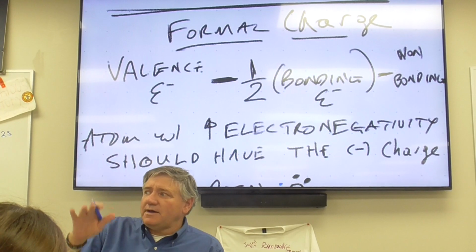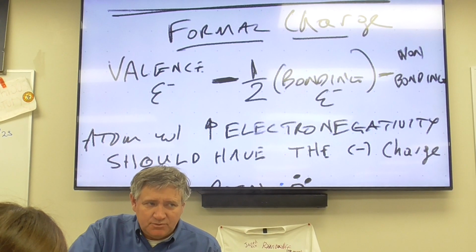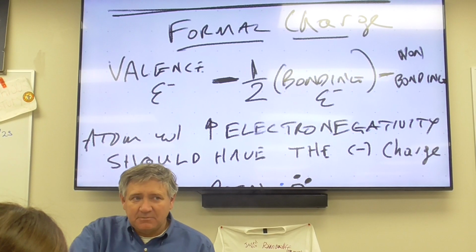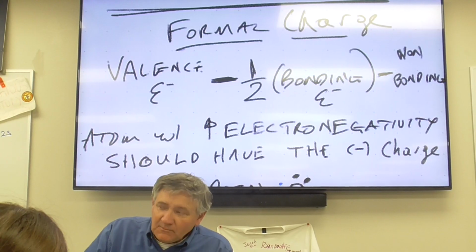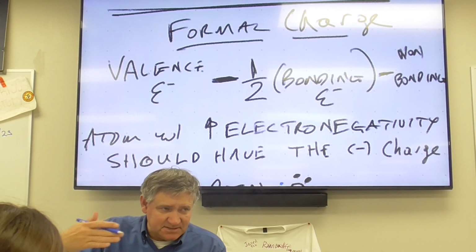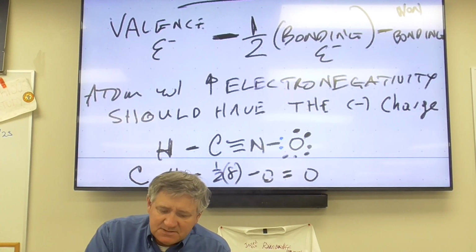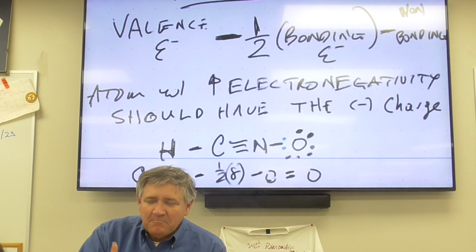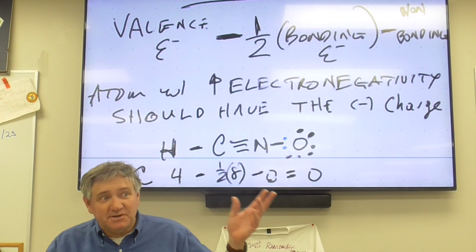On the test, I'm never going to expect you to actually calculate formal charge, but I'm going to expect you to know the big picture of it. With 2 examples, you can see the difference between the two. You take the number of valence electrons minus half the number of bonding electrons minus the number of non-bonding electrons, and then you get a number.